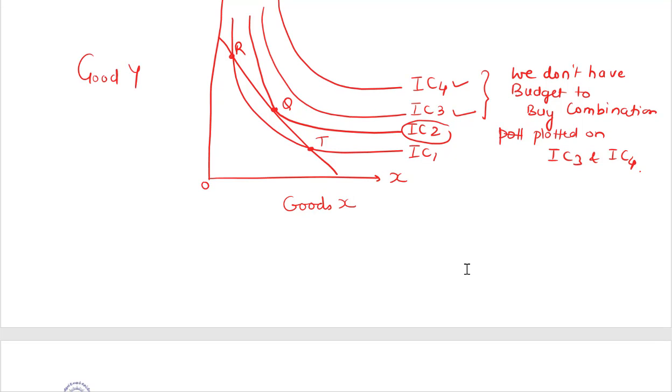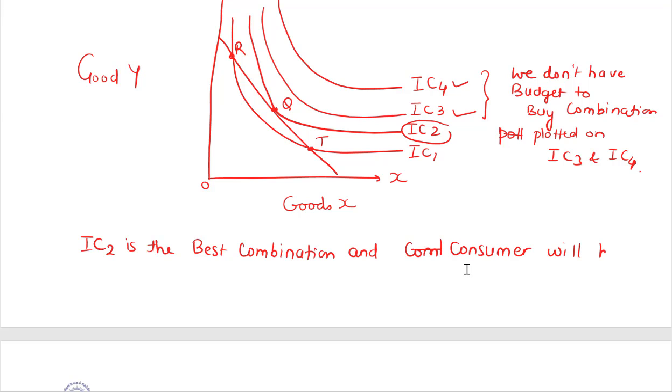So given an option, IC2 is the best combination and the consumer will be in equilibrium at IC2. I believe we are clear.